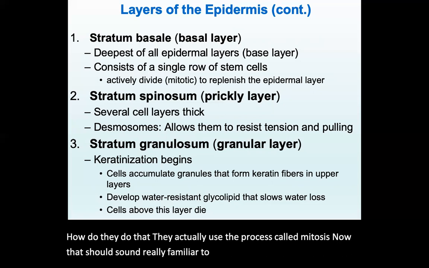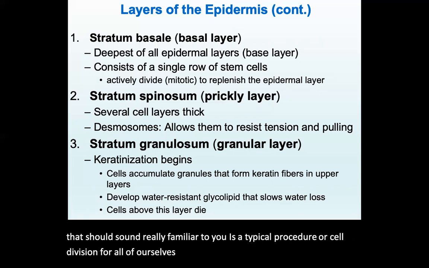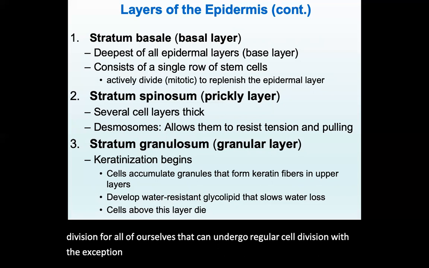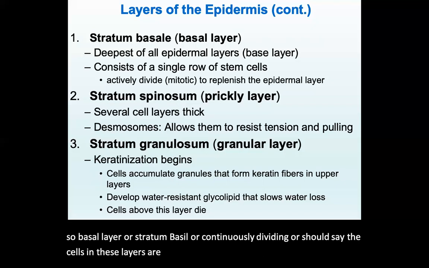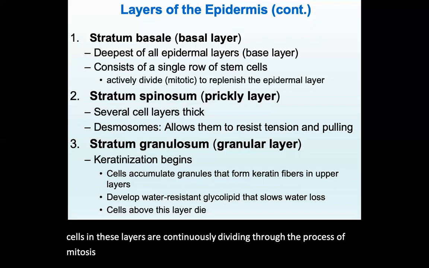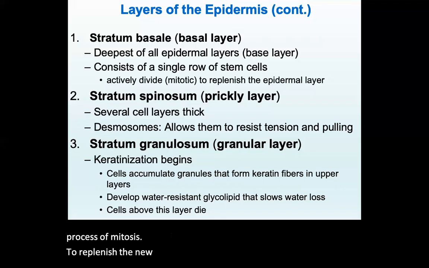It's the typical cell division procedure for all of our cells that can undergo regular cell division, with the exception of your sex cells, so these are somatic cells. The cells in the basal layer are continuously dividing through mitosis to replenish new cells as the old cells are removed every day.